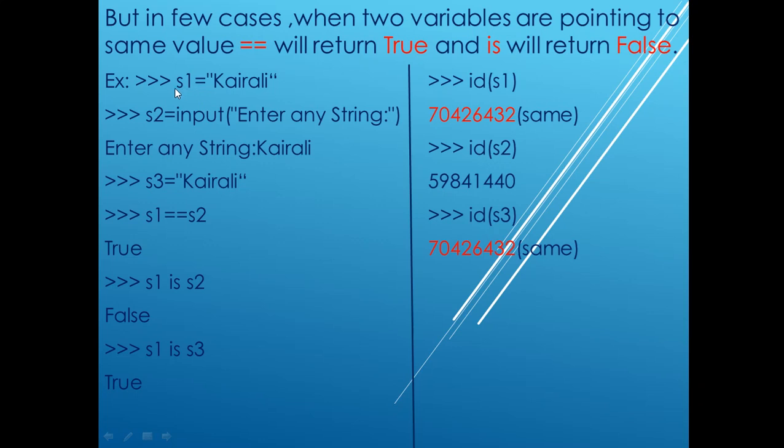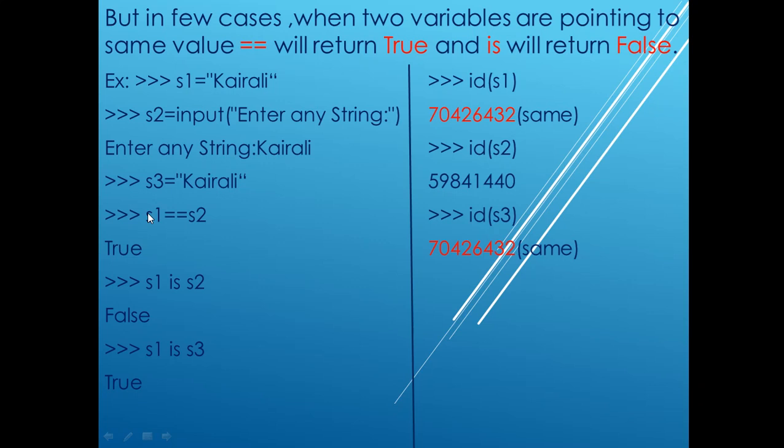Whenever this type of statement is written, S1 equal to or S2 equal to or S3 equal to, some value should be assigned into the variable. So S1 is Kerali, S2 is also Kerali, and S3 is again Kerali. So how many variables right now? There are 3 variables, S1, S2, S3.